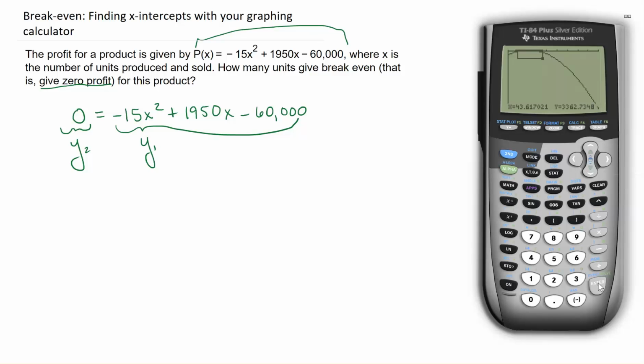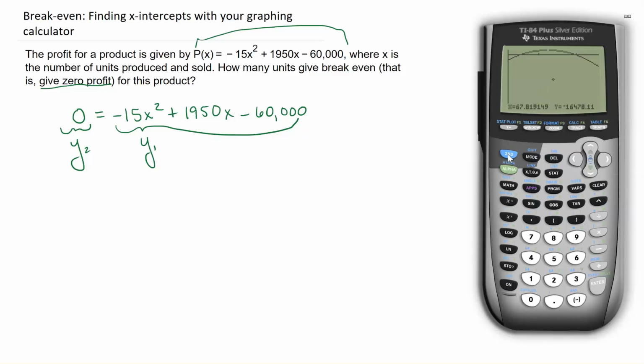Okay, and then hit enter. It will regraph it where whatever you put in that zoom box is going to be your new window. So now we have a nice clear graph where we can see where that has gone through the y equals 0 graph, or the x intercepts.